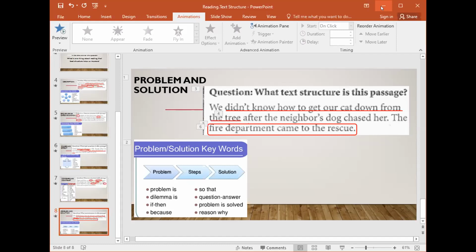This is the word but, and it is a clue word. And we have another one here. So these are clue words that this passage is compare and contrast.